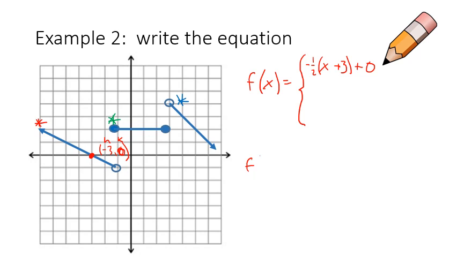Let's write our final draft. When I distribute, I get -1/2 x. Multiplying a fraction times a constant, just put the constant over 1, multiply straight across. It's going to be a -3/2, and +0 doesn't change that last constant.